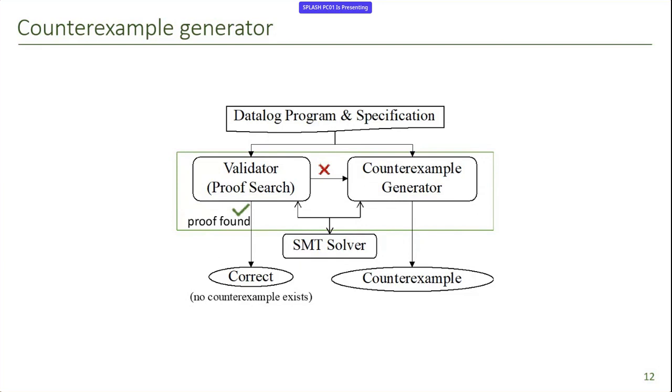For a correct program, we don't have to do debugging. If the validator fails to prove the correctness of the program, then we will do the counterexample generation. The validator and the counterexample generation here are implemented on top of an SMT solver.